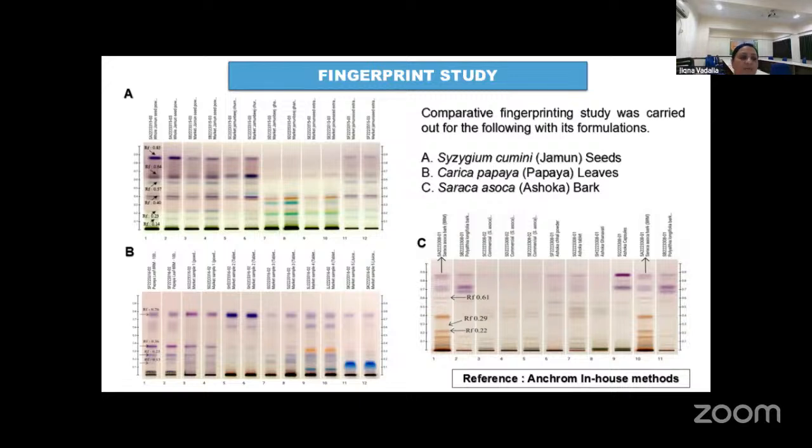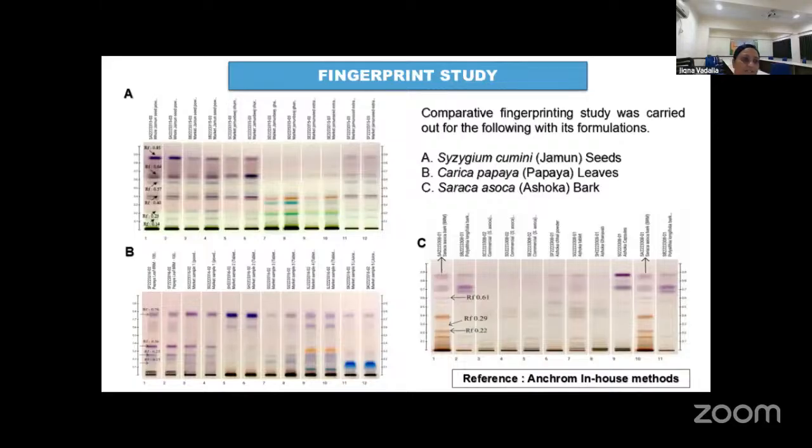So this is an example of one fingerprint study. Here a comparative fingerprint study was carried out for the jamun seed, papaya seed and asoka bark. First one is for the jamun seed, second one is for the papaya and third one is for the asoka bark.